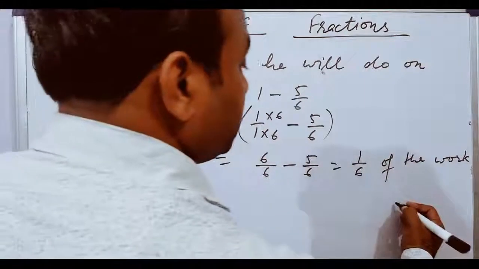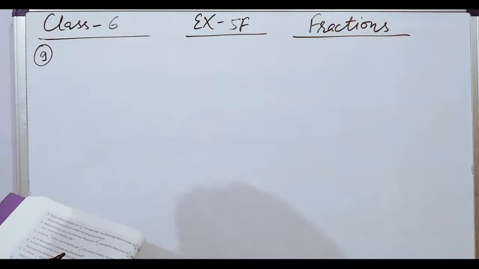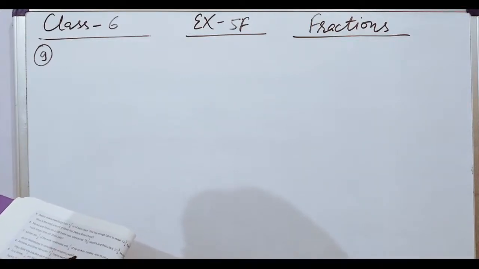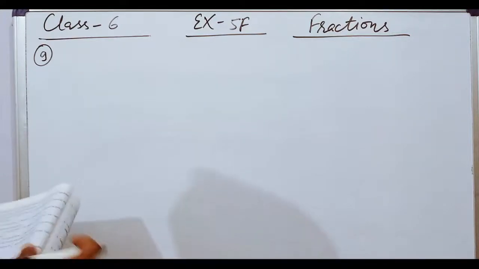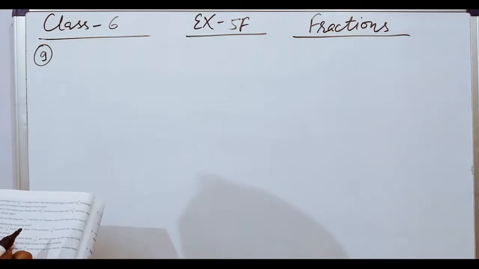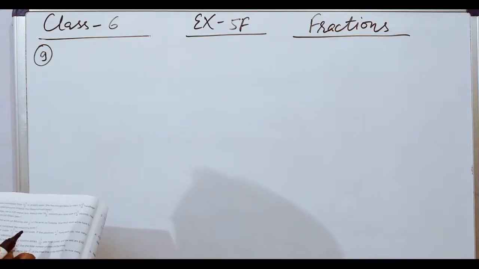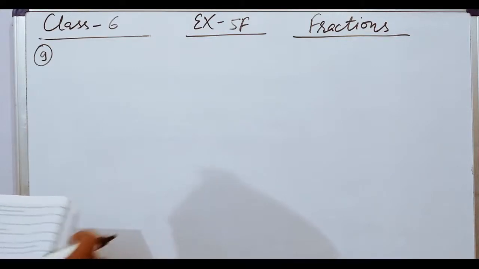This is the answer. Okay, in a library 1/5 are maths books, 1/8 are science books, 1/12 are Hindi books, and rest are EVS books. If number of EVS books is 142, find the total number of books in library.